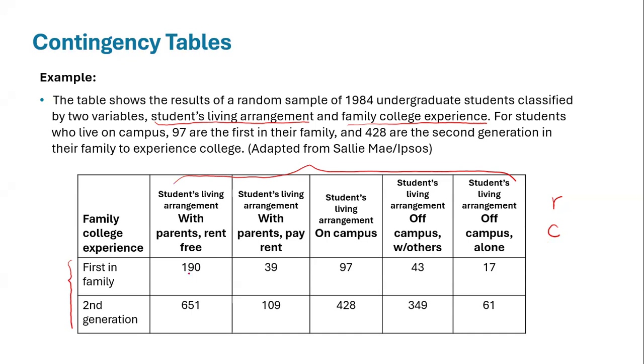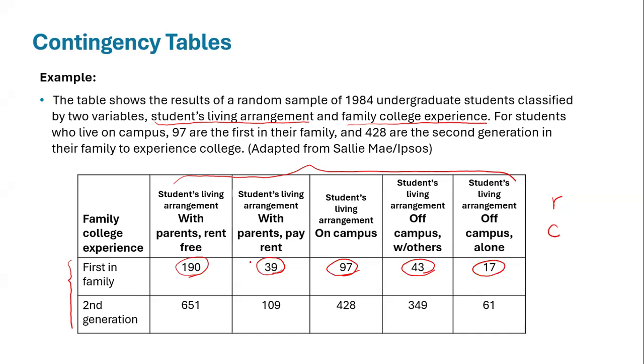To find the expected frequency for each of these cells, we need to know which row and which column the number is in. For example, 190 is in the first row and the first column, but 39 is in the first row and the second column.